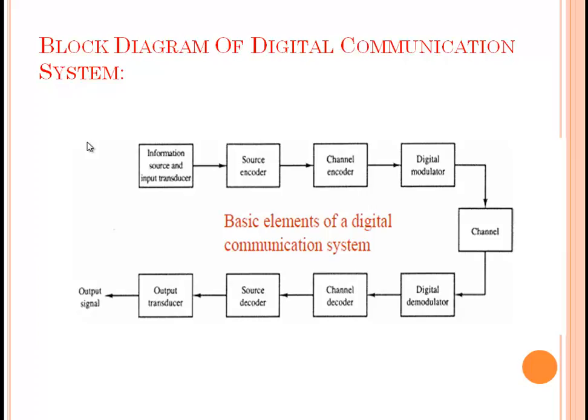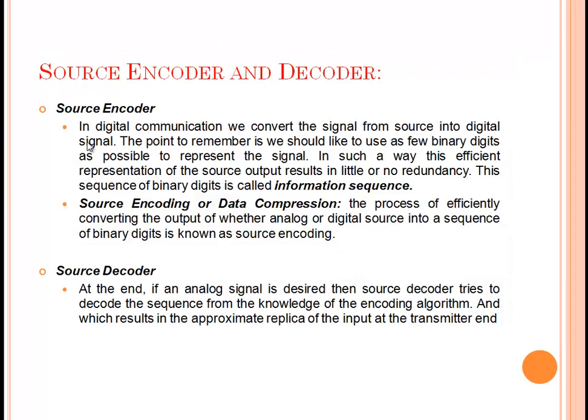The main job of the source encoder is to represent the incoming digital signal by an efficiently fewer number of bits, right? So we can see here in digital communication we convert the signal from the source into a digital signal. The point to remember is that we should like to use as few binary digits as possible to represent the signal. This efficient representation of the source output results in little or no redundancy.